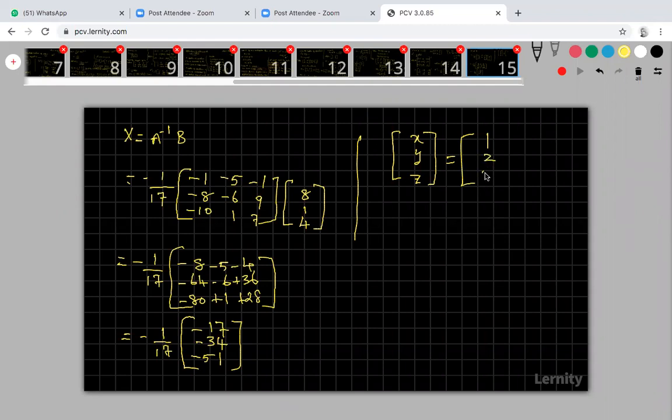And here it is 3. So therefore, X is equal to 1, Y is equal to 2, Z is equal to 3. So these are the solutions of X, Y, Z by the matrix method or determinant method.